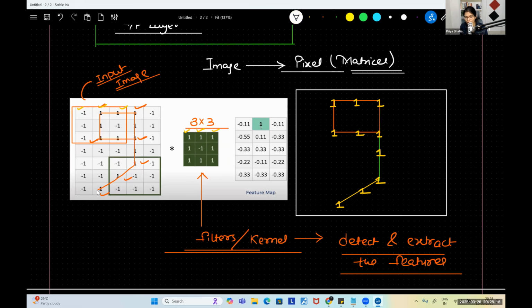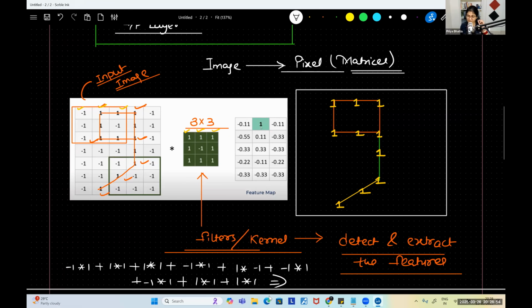So: minus 1 into 1, plus 1 into 1, plus 1 into 1, plus minus 1 into 1, plus 1 into minus 1, plus minus 1 into 1, plus minus 1 into 1, plus 1 into 1, plus 1 into 1. Can anyone let me know the answer to this?